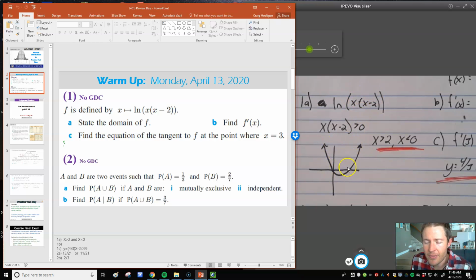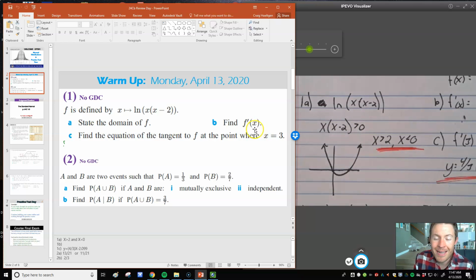So from looking at the graph here, I see that positive things are produced when x is less than 0, and I see that positive things are in there when x is greater than 2. So I get the domain, which is kind of a weird domain: x is greater than 2 and x is less than 0 graphically. You can also get the same result algebraically, but there it is graphically.